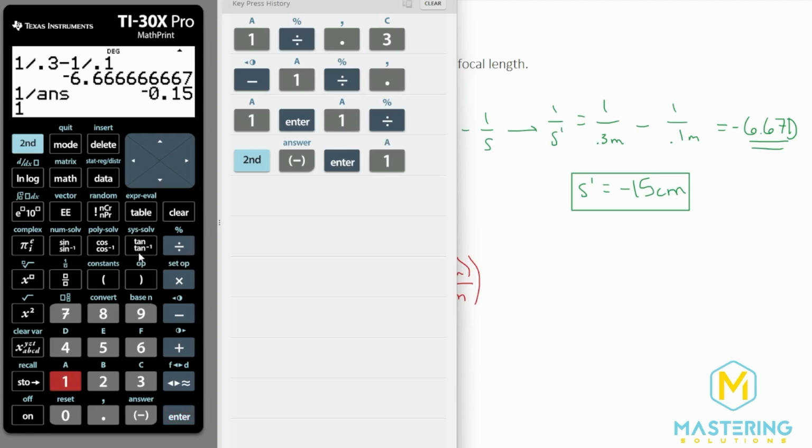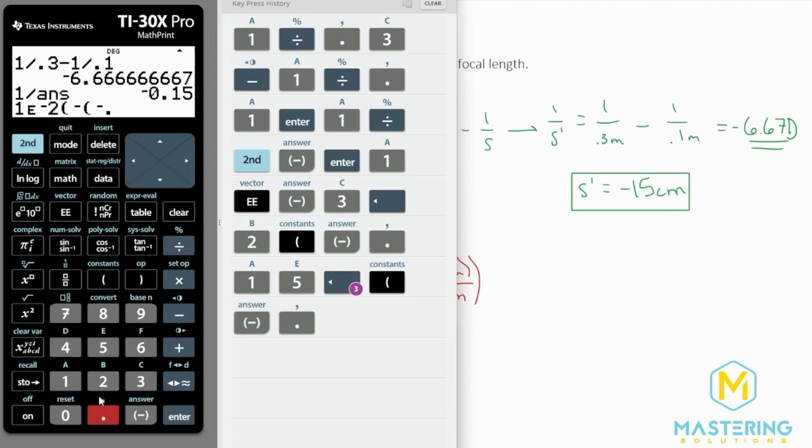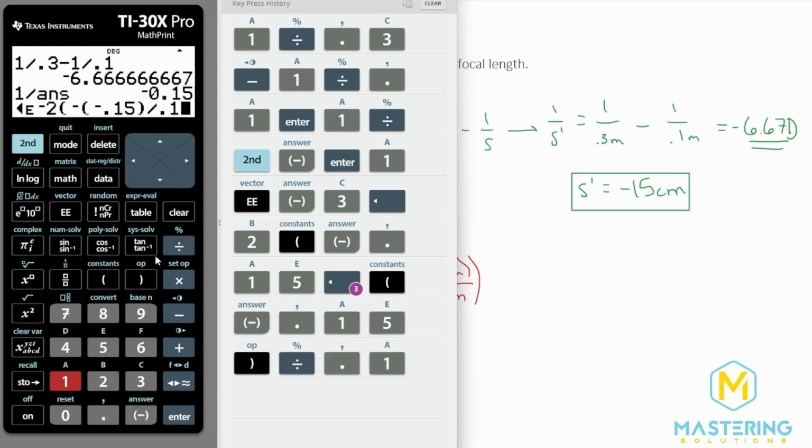So we have 1 times 10 to the negative 2, not negative 3, multiplied by a negative times a negative, which is a positive 0.15 because the two negatives cancel each other out, divided by the positive object distance of 0.1.